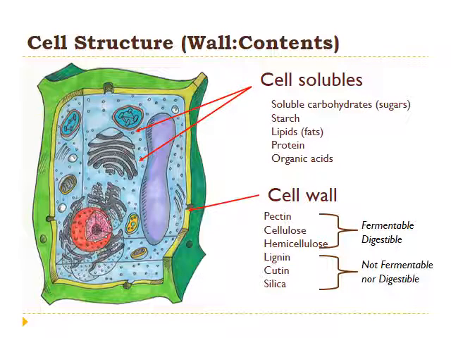So basically, for us non-ruminants, those cell solubles are important. So birds, small rodents, insects, a lot of animals that can't digest cellulose rely on those cell solubles. The cell wall becomes valuable to ruminants and hindgut fermenters.